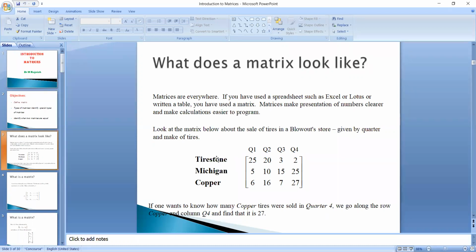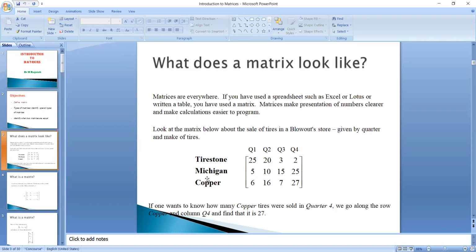Suppose there are 3 tire manufacturing companies: Firestone, Michigan, Cooper. Firestone wants to sell 25 tires in the first quarter, 20 tires in the second quarter, 3 tires in the third quarter, and 2 in the fourth quarter.